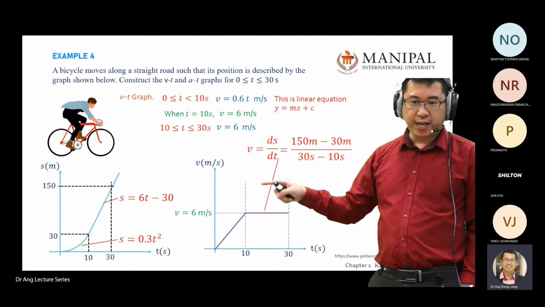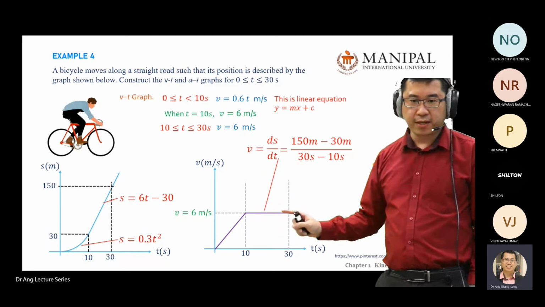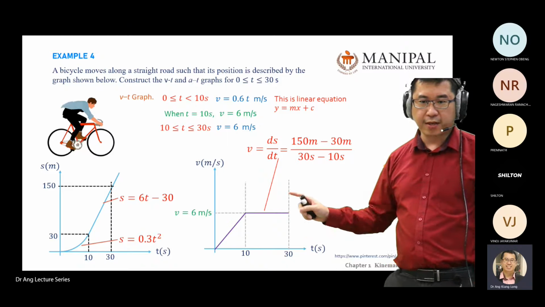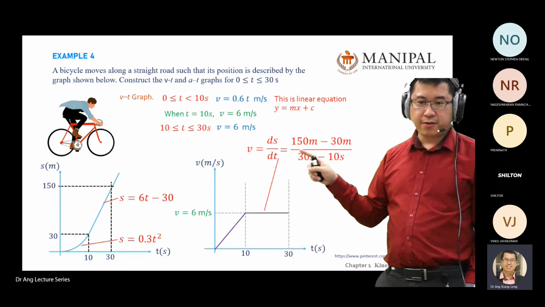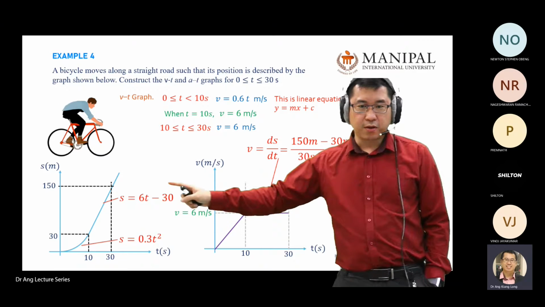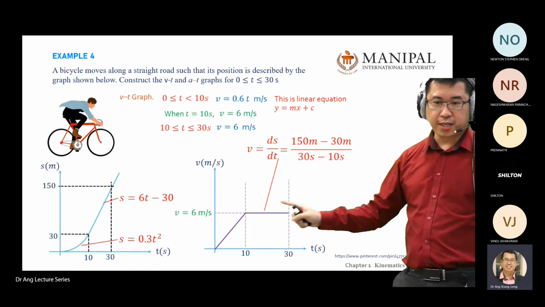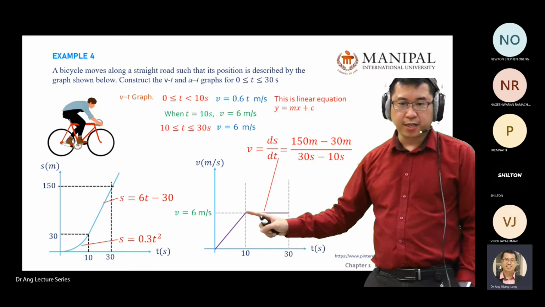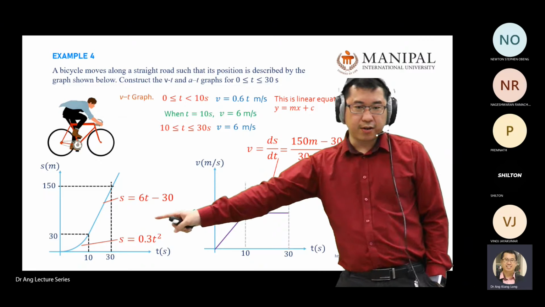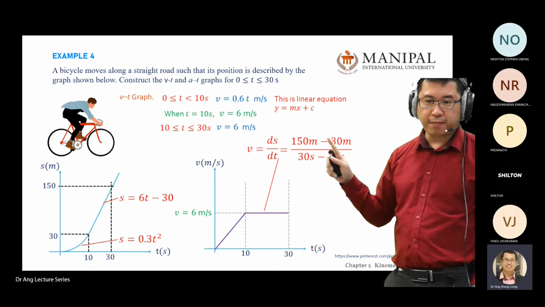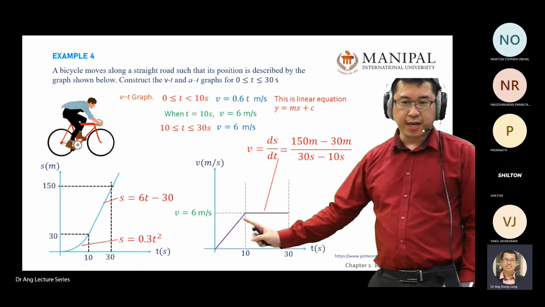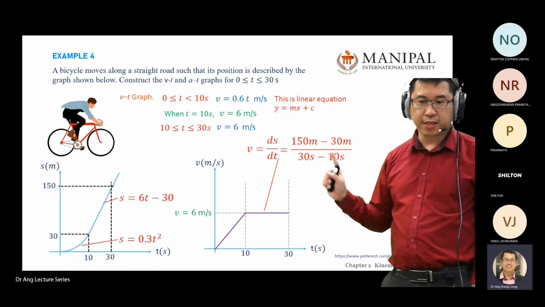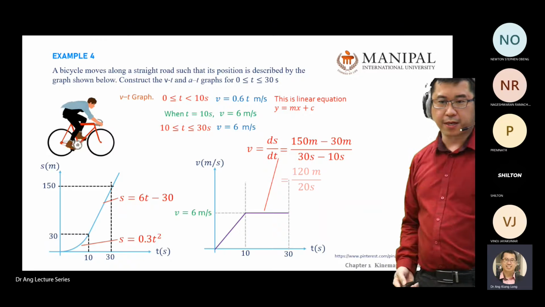If you want to find it in the slower way, what is the velocity here? You can take the final distance, 150 minus 30, because here is 30. You see the graph there. You take 150 minus 30 divided by the time between this one and this one, 30 minus 10, you still get 6 meters per second.